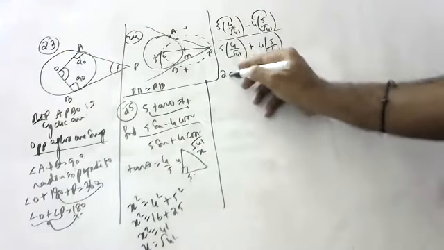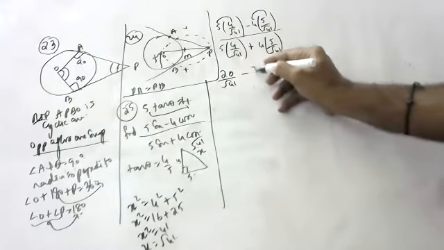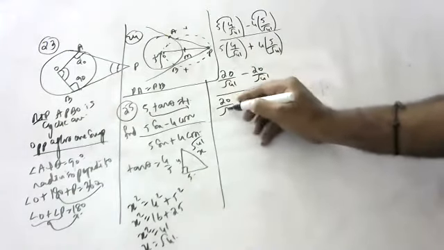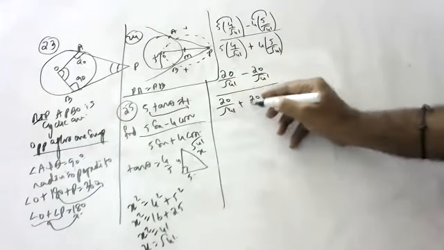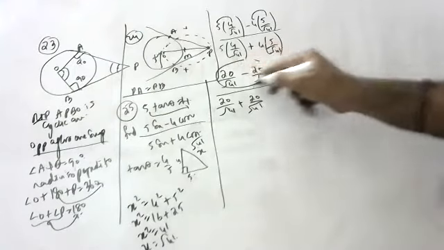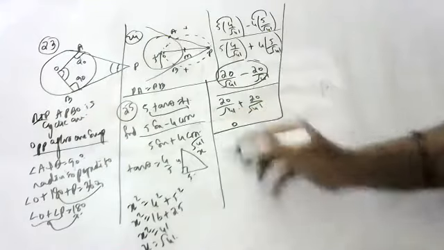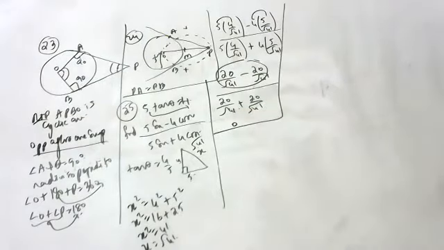So 20 by root 41 minus 20 by root 41, by 20 by root 41 plus 20 by root 41. Okay, children, same thing minus same thing is 0. 0 by something is 0. Okay, children. Next, there is one more question, children.